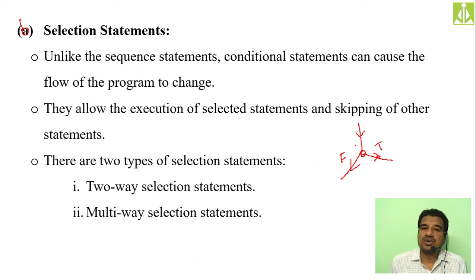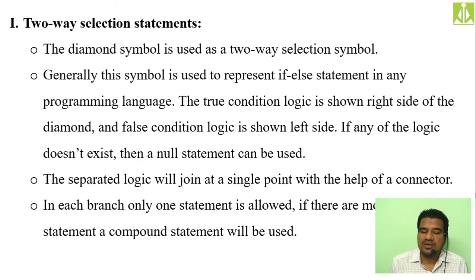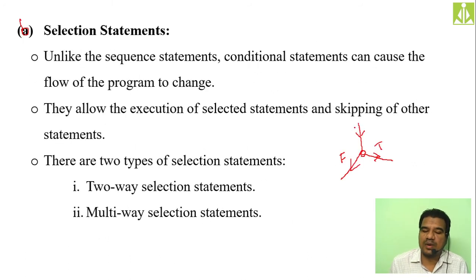In selection statements we have two different types: one is two-way selection and the other is multi-way selection. Two-way selection has one condition, because based on that condition we have only two possible paths. Either we go the true way or the false way.